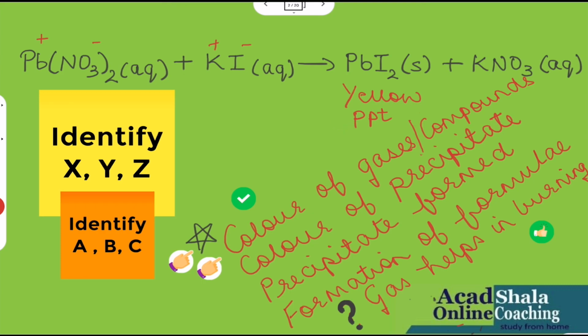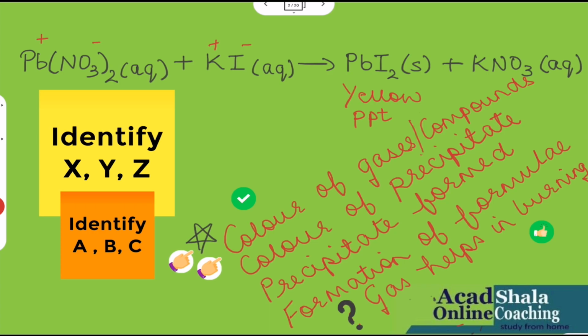So, they can ask you in the question also, which is the precipitate formed and what is the color of the compound or gas, as they asked you in the first part of the question. And this is the second part of the question which is solved very, very easily with the hidden hints given in the question.